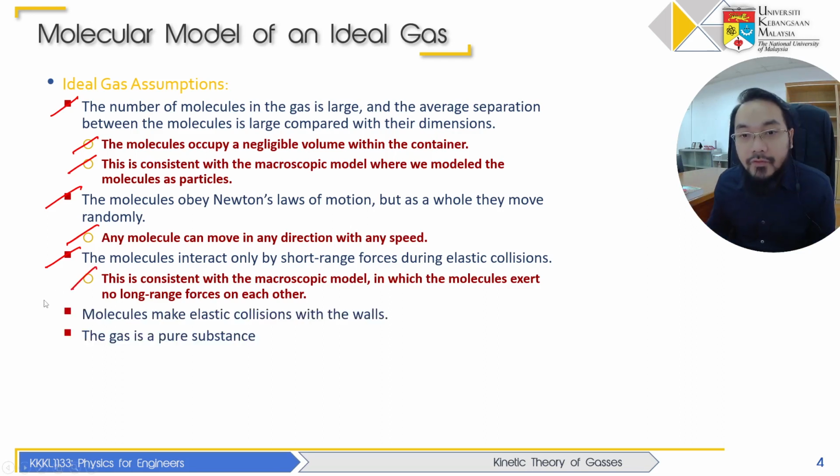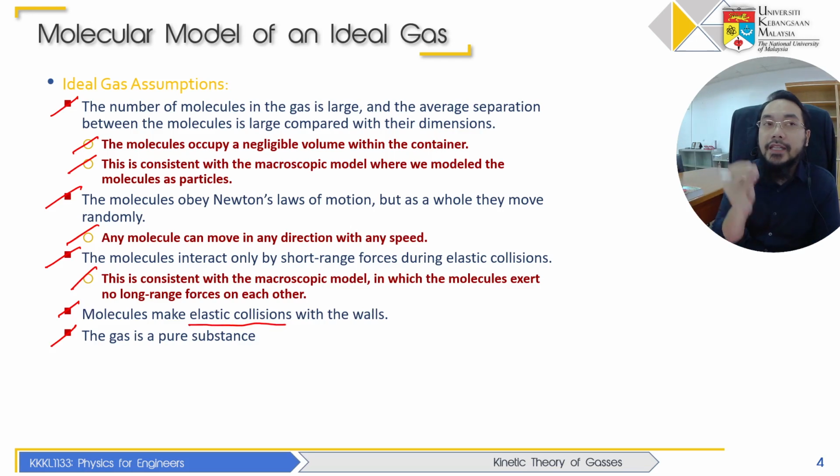And then number 4 and 5: molecules make elastic collisions with the walls, and the gas is a pure substance. So that means when atoms and molecules are moving randomly, they will continuously collide with each other, and they will also collide with the wall of the container. These collisions are assumed to be perfectly elastic collisions, whereby the kinetic energy is conserved as kinetic energy.